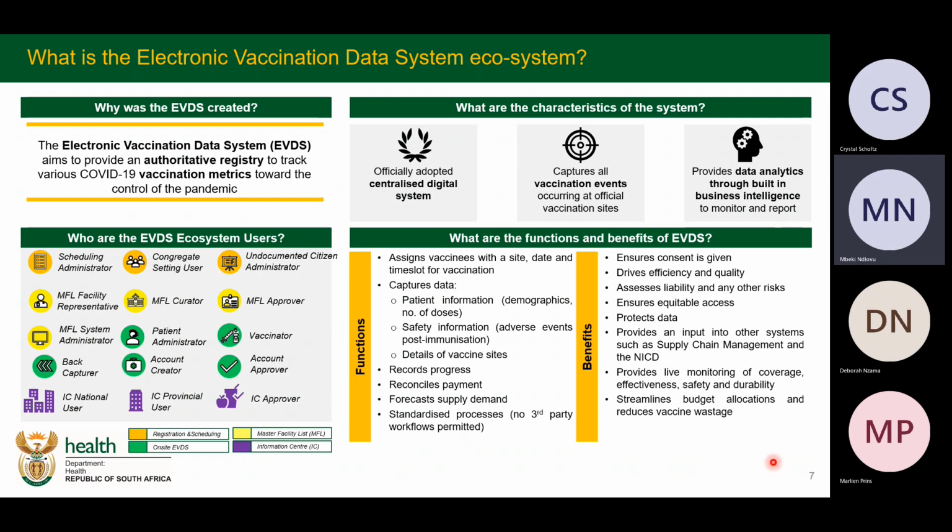On the benefit side, EVDS ensures consent is given before a person receives a vaccine. It drives efficiency and quality, assesses liability and any other risks, ensures equitable access, protects data, provides an input into other systems such as supply chain management and the NICD, provides live monitoring of coverage, effectiveness, safety, and durability, streamlines budget allocations, and reduces vaccine wastage.